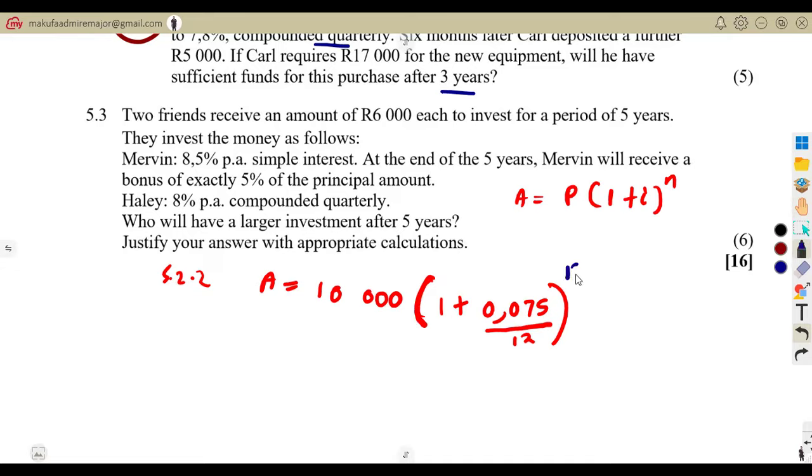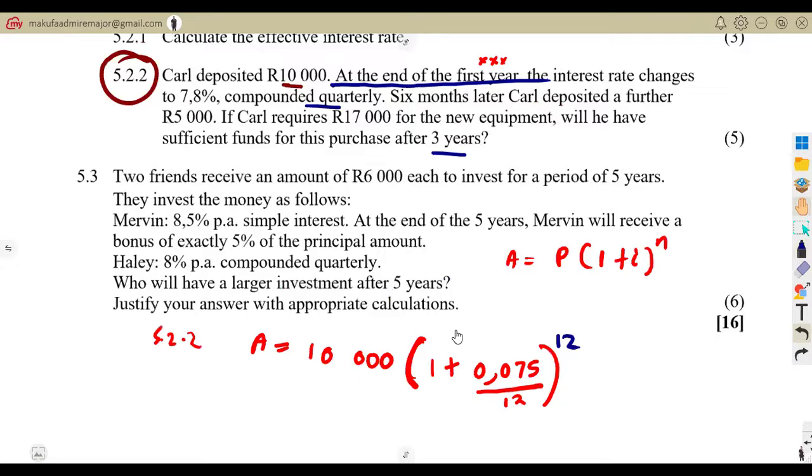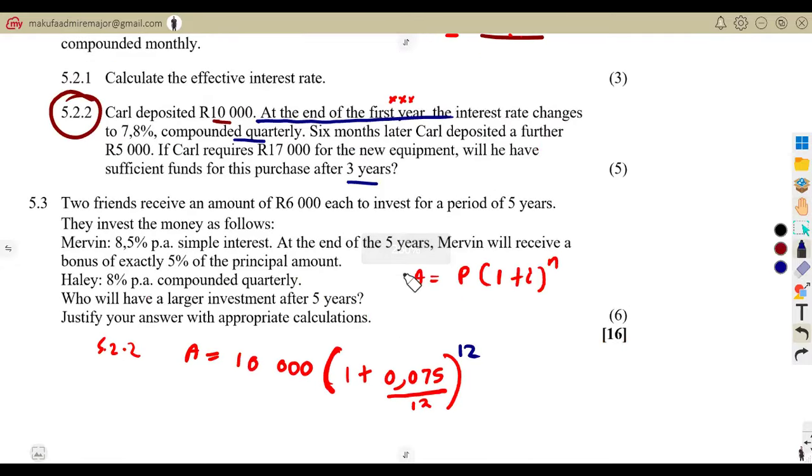So it was supposed to be what? 12 times 1. 1 year times 12 for the compounding. So 1 times 12, guys, is just going to remain as what? As a 12. Because they are saying after that first year, meaning it affected the whole year. Still with the 10,000 that he deposited, only the interest is the one that changed.